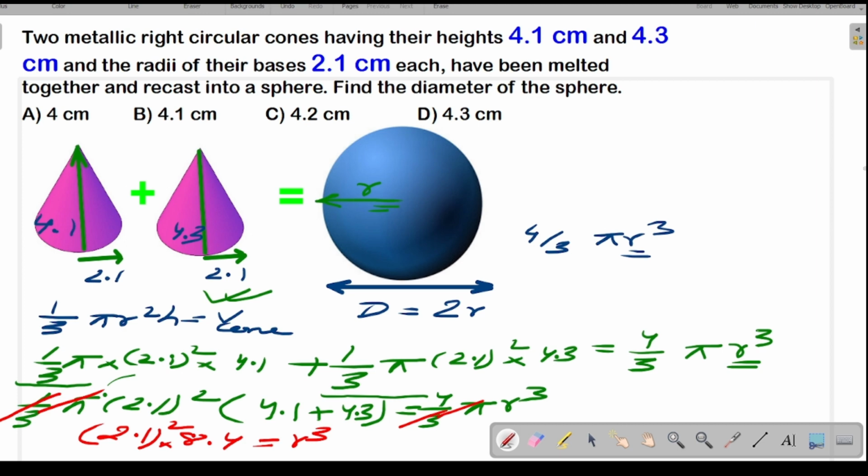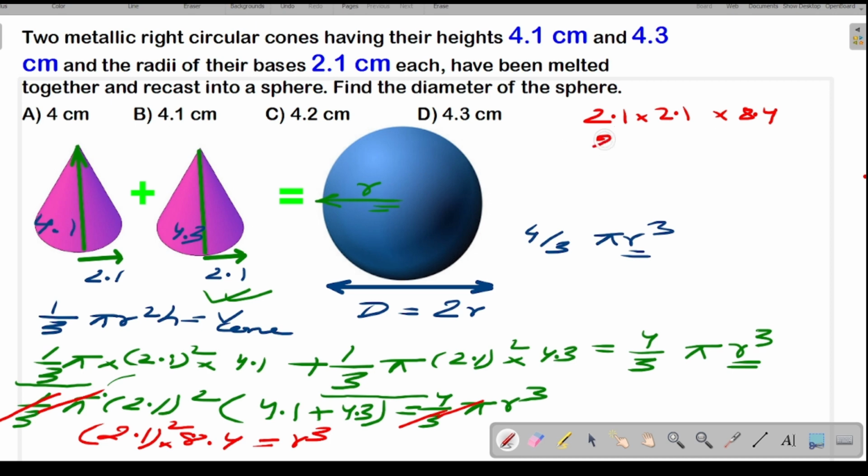2.1 square into 8.4, what we will do? 2.1 into 2.1 into 8.4, right?